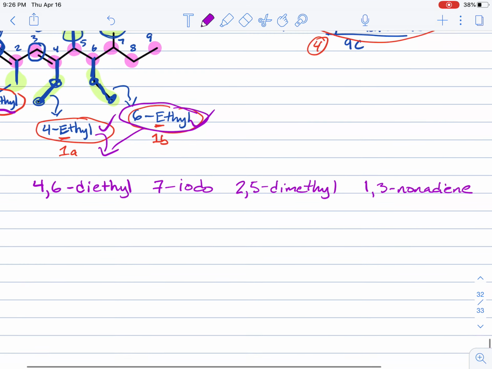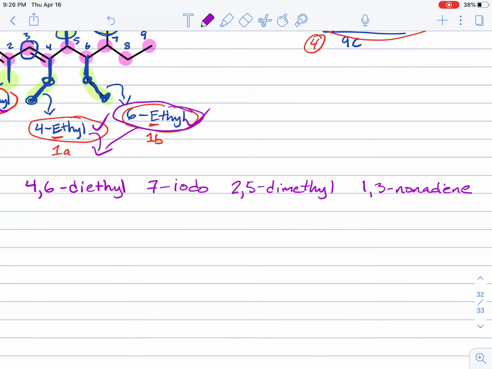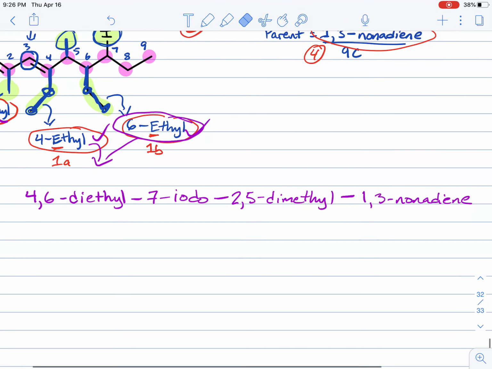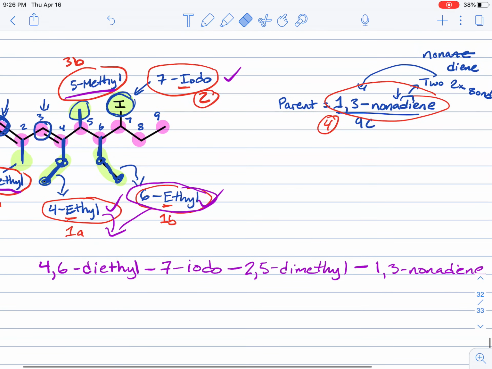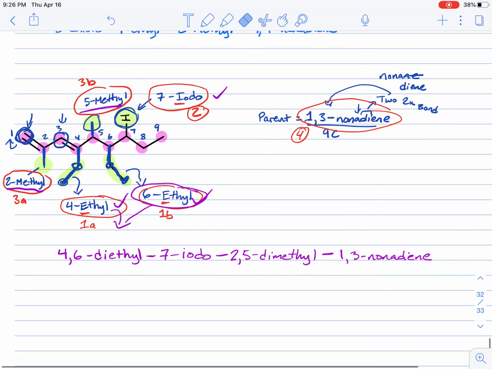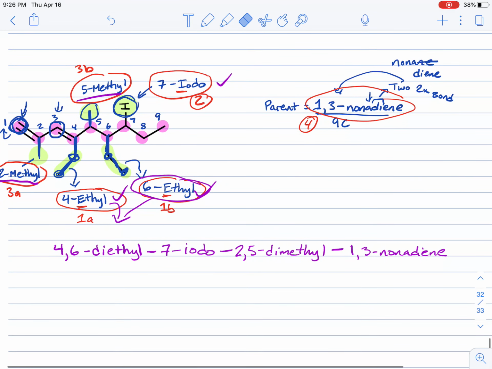All right, so the last thing that I need to do is just connect all of this. So here I have letter to a number, dash, letter to another number, dash, letter to another number, dash. So it turns out that there are dashes between each piece, and that is the name of my organic compound. And so when you guys are doing this, just take it step by step.